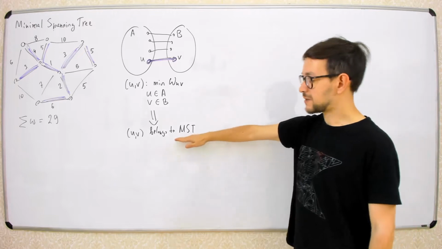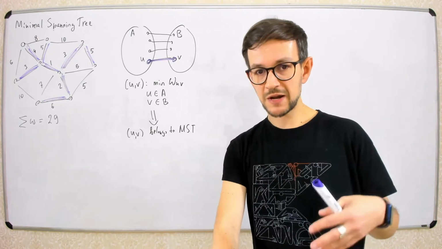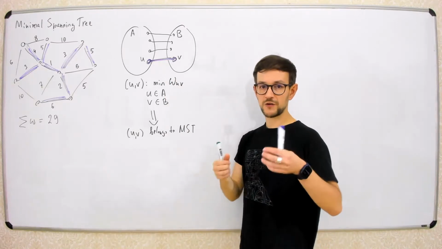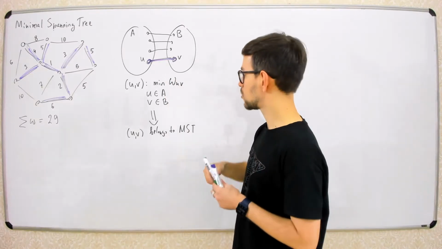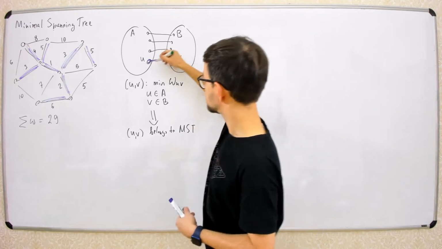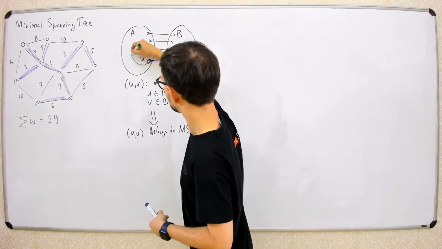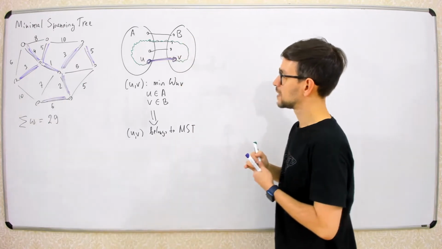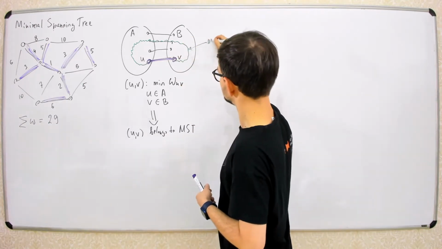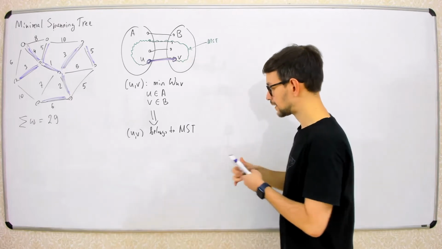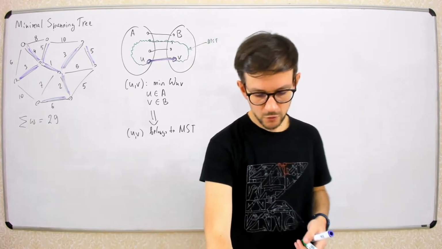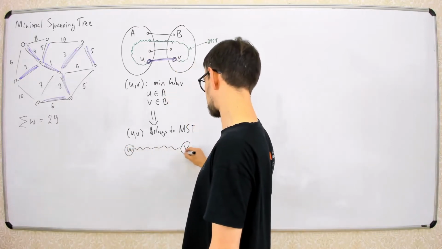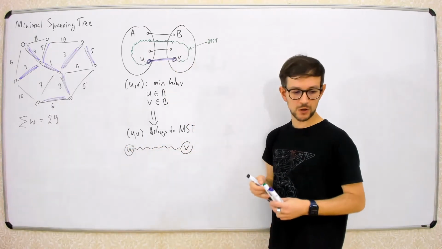Now, let's take this minimal spanning tree. In this minimal spanning tree, nodes U and V are connected somehow. So there is a path which belongs to the MST which connects U to V, such that all edges on this path belong to the MST.